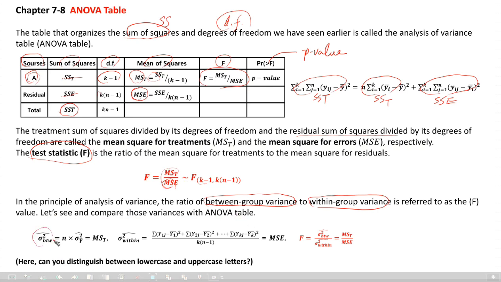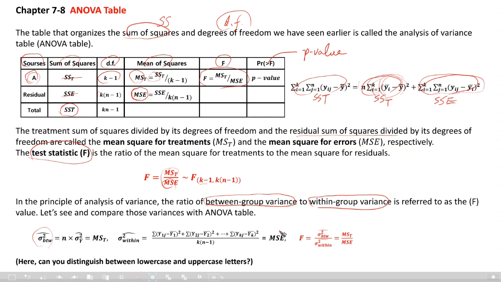Between group variance is just MST, right? N times the between group variance divided by N gives this one, MST. The within group variance estimate is this one divided by its degrees of freedom, MSE.